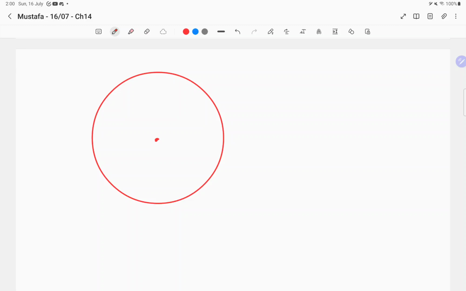So next, arc. The part of the circumference between two radii. So first you need to do two radii, right? Is that a radius? Like this? Nope. What's the radius? A line into the middle.